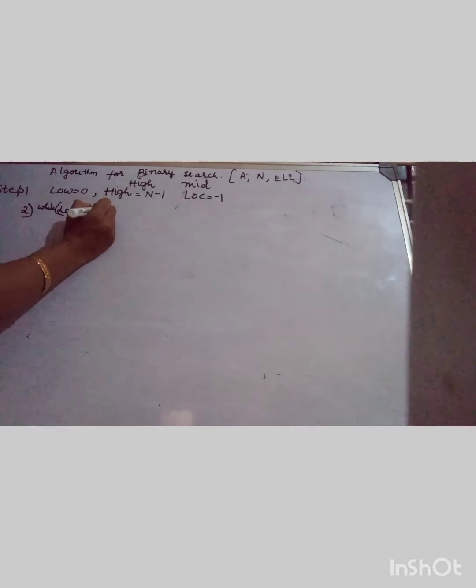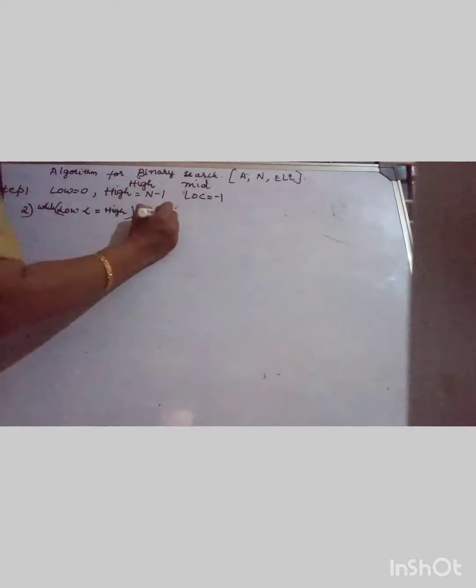Next step, while. Since I am taking an ordered collection of elements, the first thing is low, meaning the first position. We should write while low is less than or equal to high.